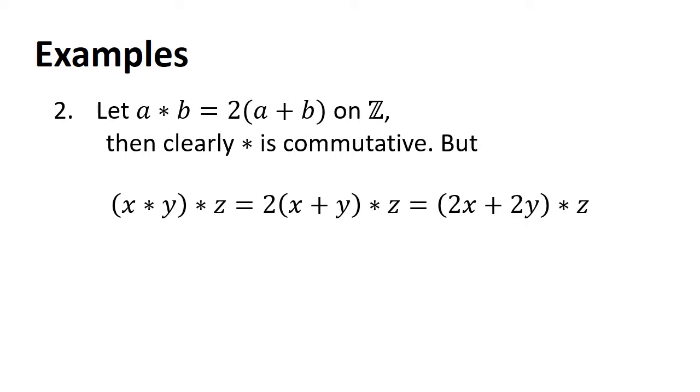Here, X star Y. So X would be our A and Y would be our B. And A star B is equal to 2 times A plus B. Therefore, we get 2 times X plus Y because this is A and this is B.